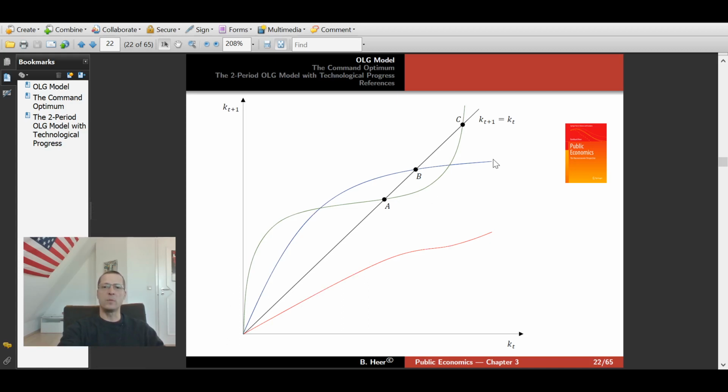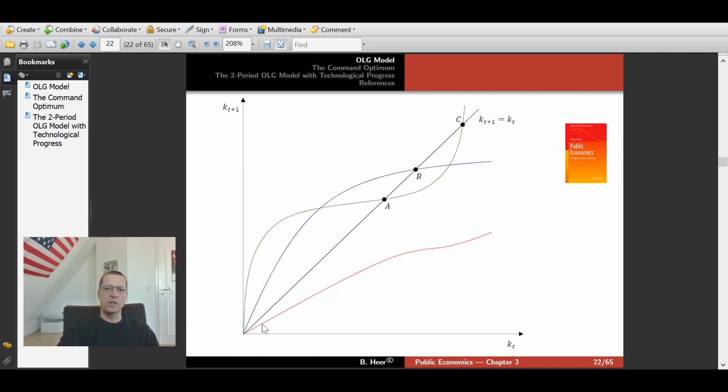They're all examples of a function G of K_t, which gives us next period capital stock. And here the ray from the origin at 45 degrees is the unit line. So this gives K_t+1 equal to K_t. So we just mirror the value of K_t from the abscissa to the ordinate K_t+1. Now let's analyze these three cases in turn.